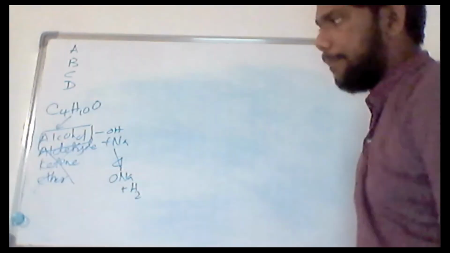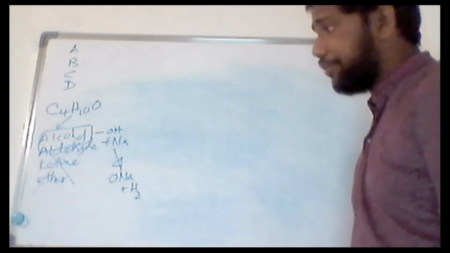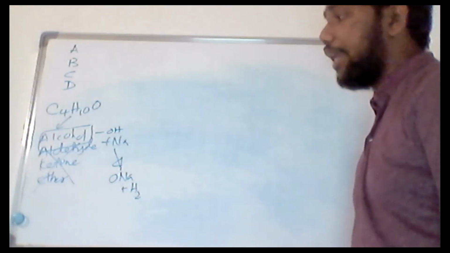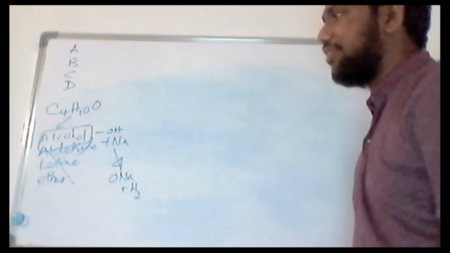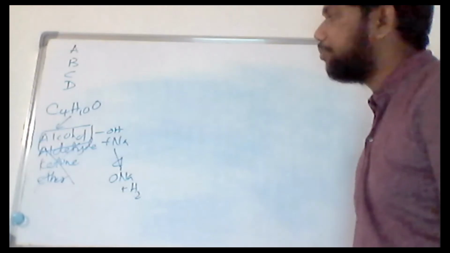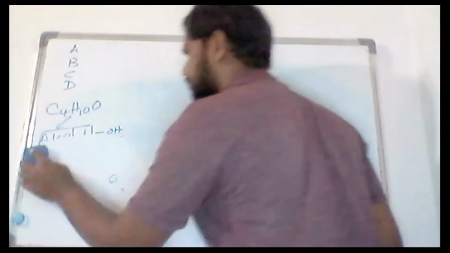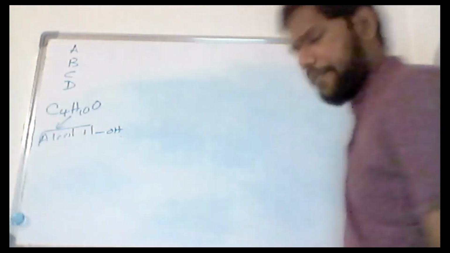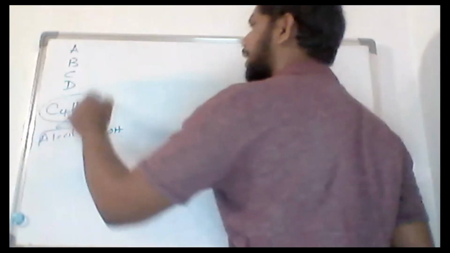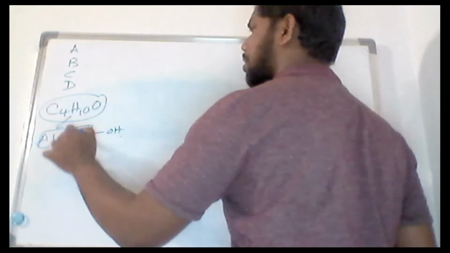So I'll cut these out, because ether is inactive, and aldehyde and ketone do not normally react with sodium like this. So we have come to a conclusion: this is an alcohol. So C4H10O is an alcohol.